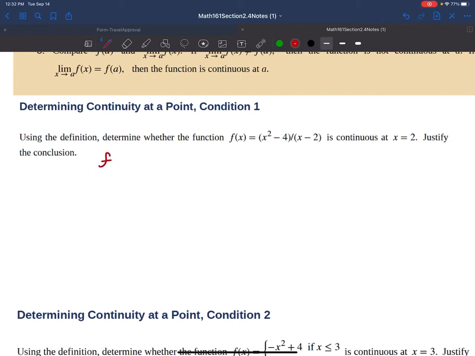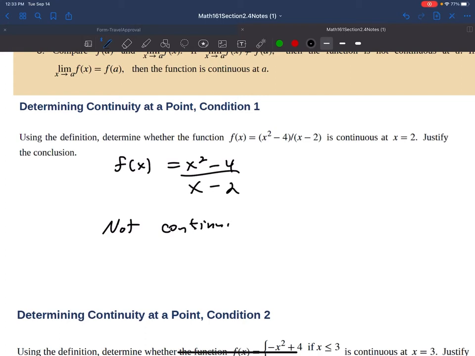All right, so let me get this back to black, sorry. I'm going to rewrite this here. All right. Is that continuous at x equals 2? Well, it looks to me that this is not continuous at x equals 2. And why is it not continuous?